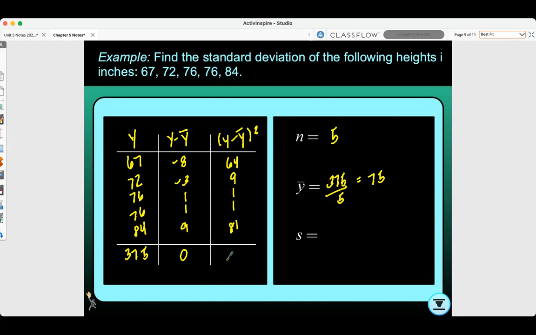Add that together, you get 156. So our standard deviation would be the square root of 156 divided by n minus 1, which is 4. That would give me the square root of 39, which is about 6.245.